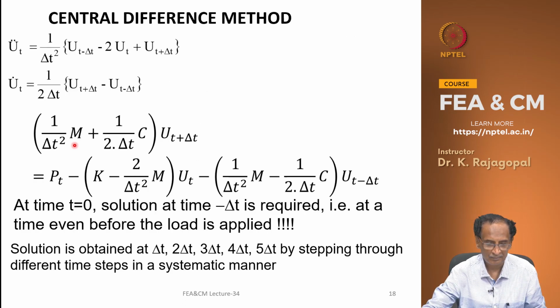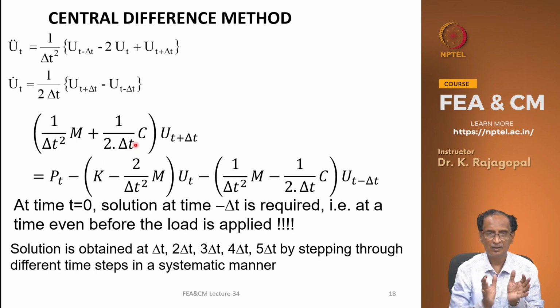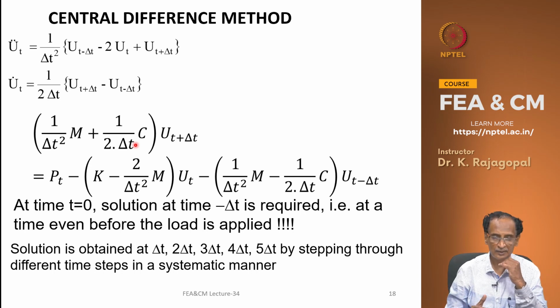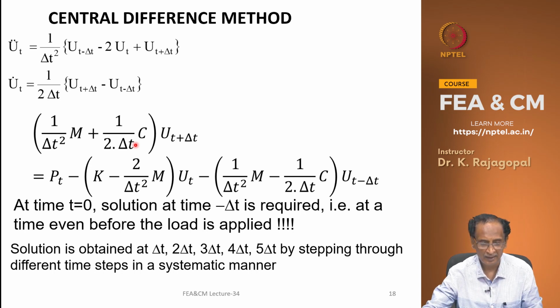So the u double dot and u dot, once you place them, then our displacement at time t is a known quantity and we take it to the right hand side, whereas the displacements at time t plus delta t are unknowns, and so we retain them on the left hand side.